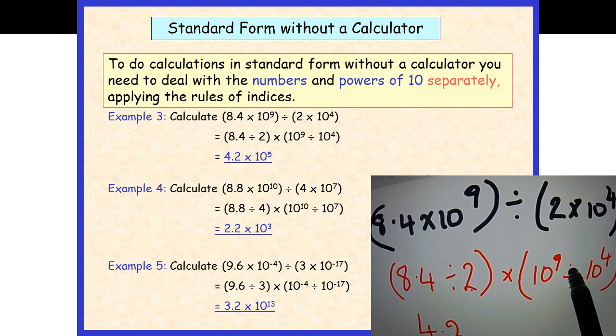And then go back to indices. You got base numbers that are the same, so the powers, take away the powers. So 4 from 9 is 10 to the power of 5.